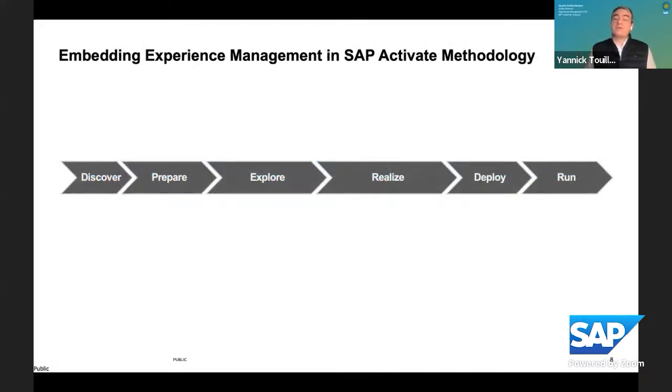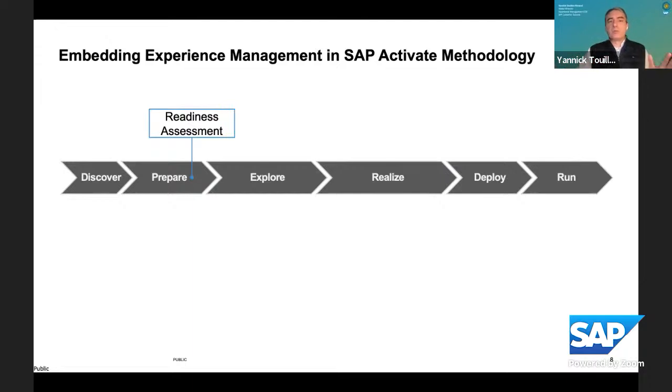So when it comes to Activate, the intent here was really to put around it all this framework, which is expense management transformation, and really collect feedback in a meaningful way based on all the phases of the SAP Activate methodology. So here I'm going to display the entire list of moments that we're going to capture and the intent.